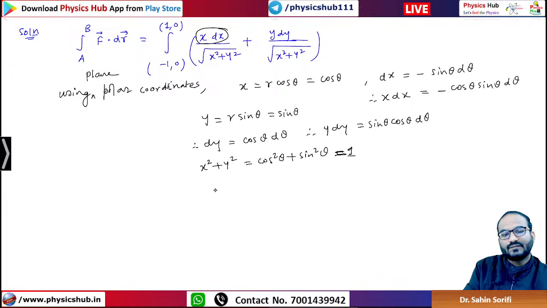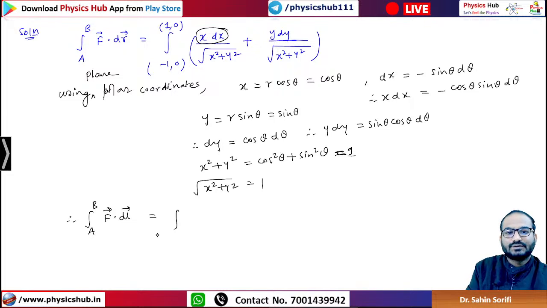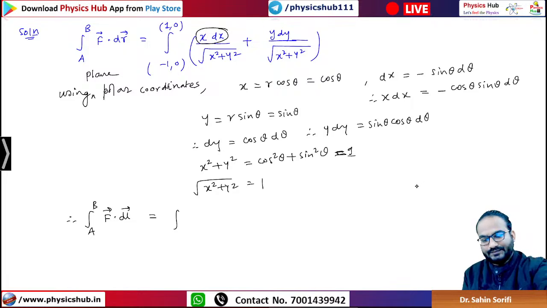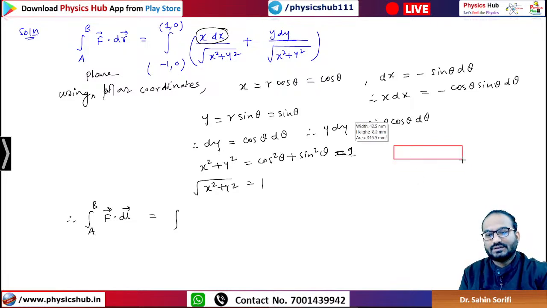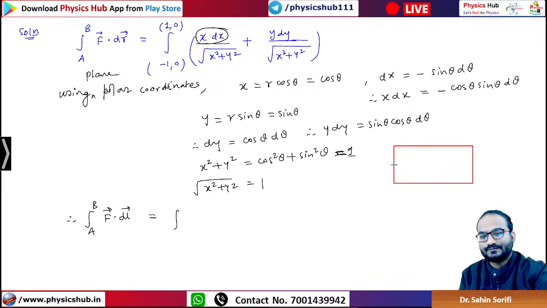So obviously root over x square plus y square is also equal to 1, and therefore the integral from a to b of f dot dl becomes, you see, from x y coordinates to r theta coordinates we have converted.